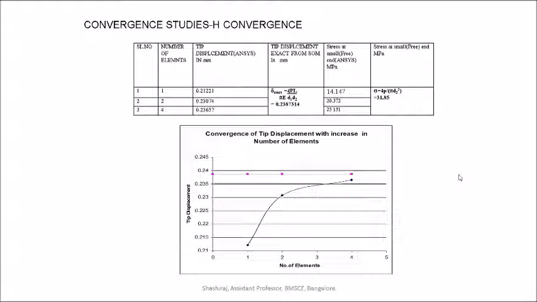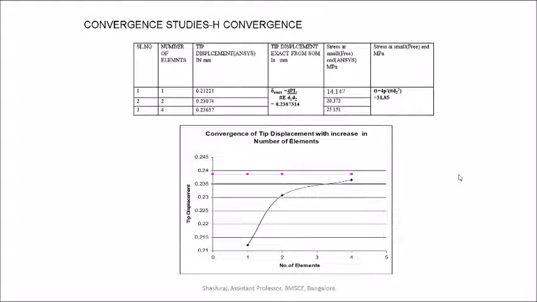And you see that when we use more number of elements, the results converge, or the value of results will be very near to the actual value. Here the pink line indicates the actual displacement obtained by strength of materials, and the FEM result is represented using the blue line, and this blue curve is almost close to the actual solution when the number of elements is 4.